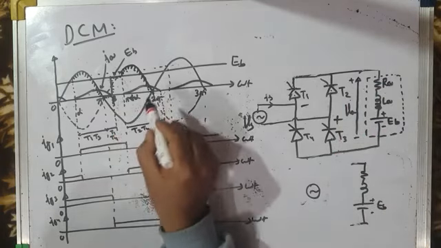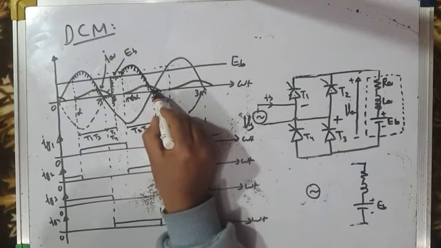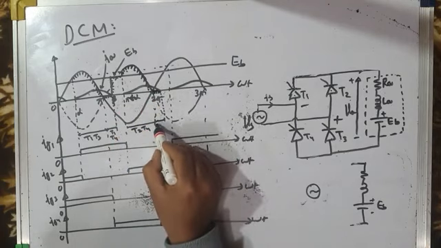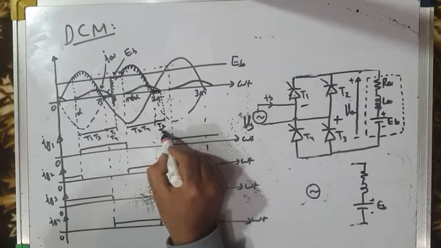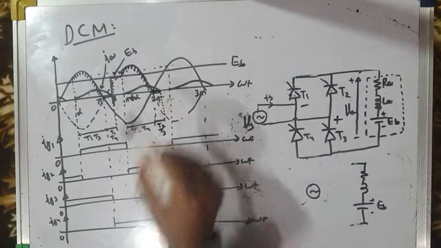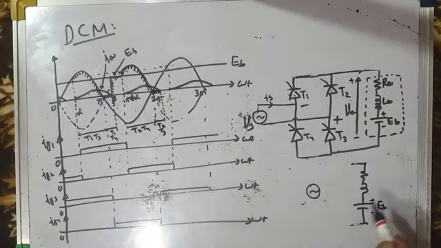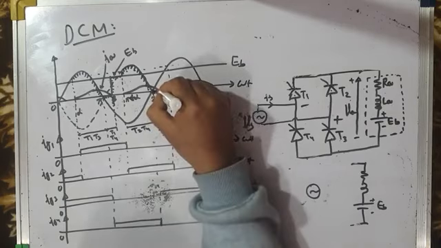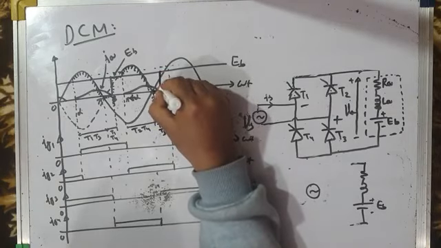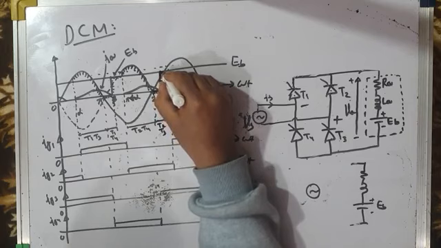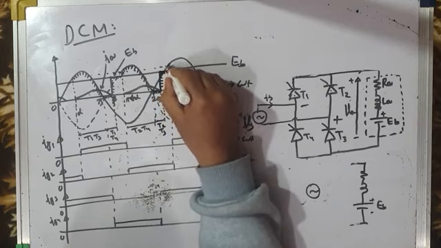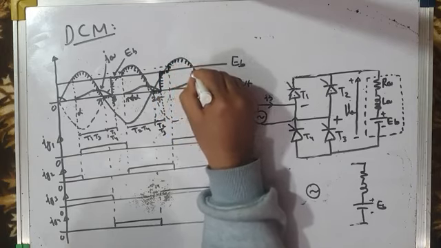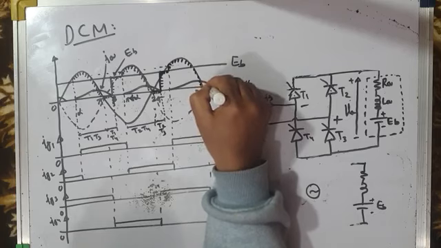Then current becomes 0 and load gets disconnected from the source, and again load voltage is the same as back EMF. It is equal to back EMF, and then it repeats like this.